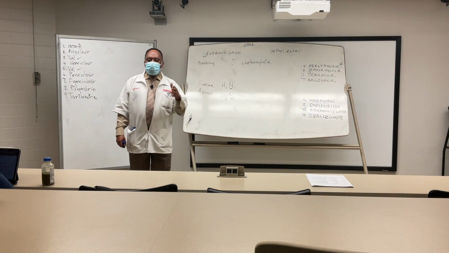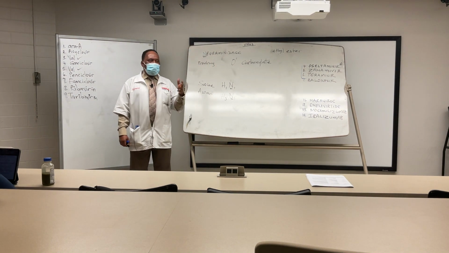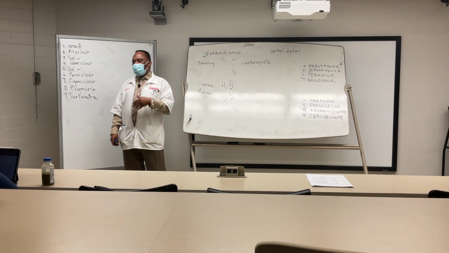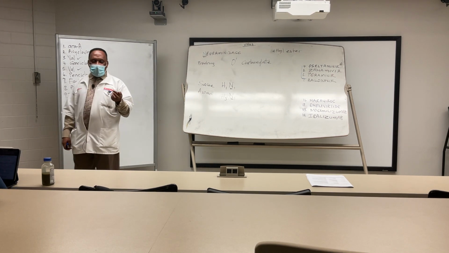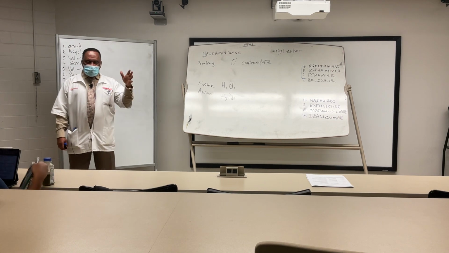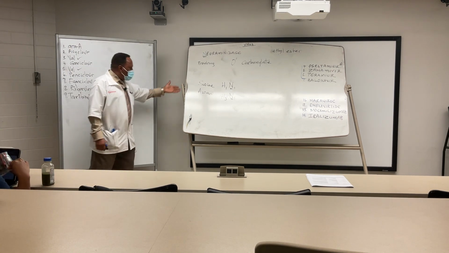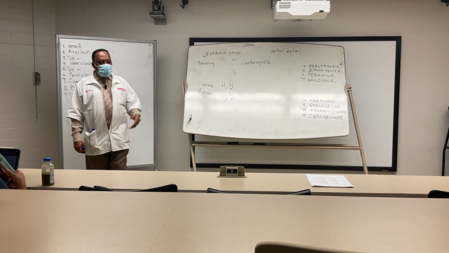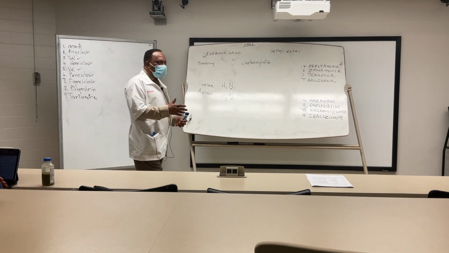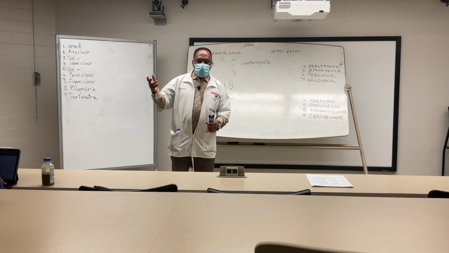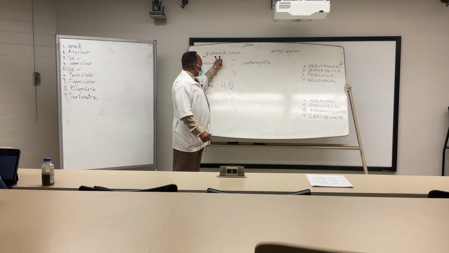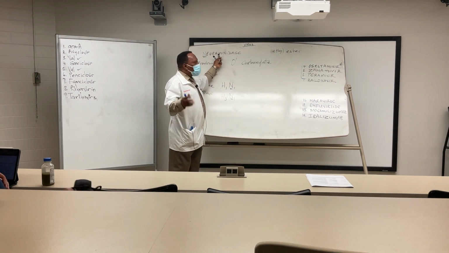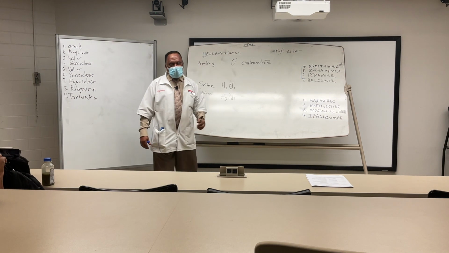It is involved in replication of the virus. Okay, so replication, aggregation, and release, which was the third phase that we mentioned earlier. So aggregation, replication, and release of the virus are controlled by your neuraminidase.